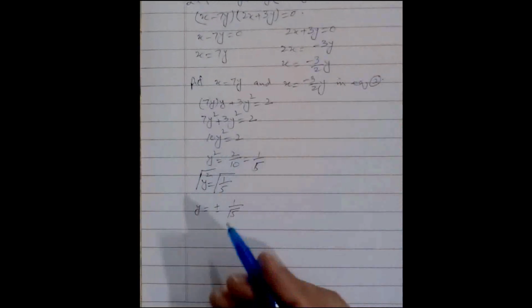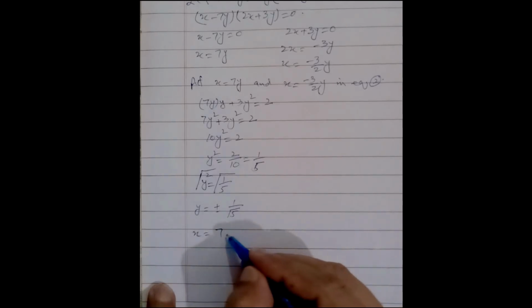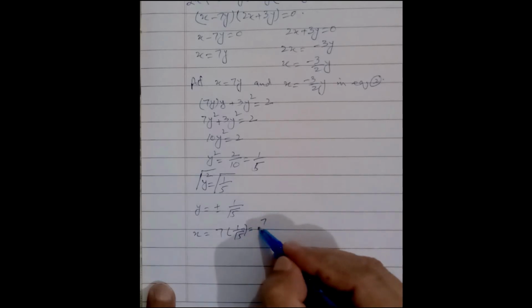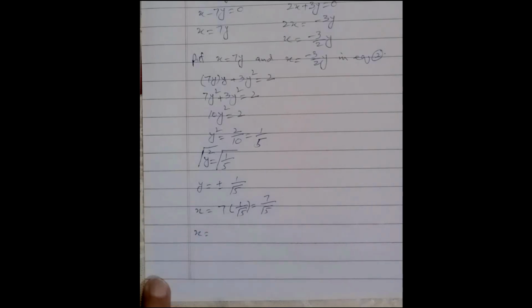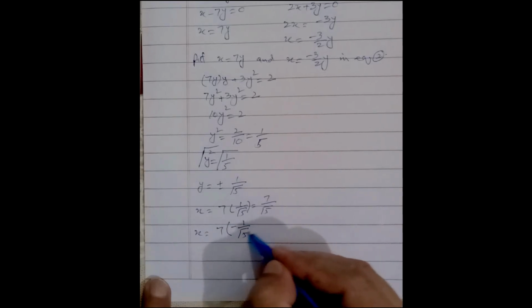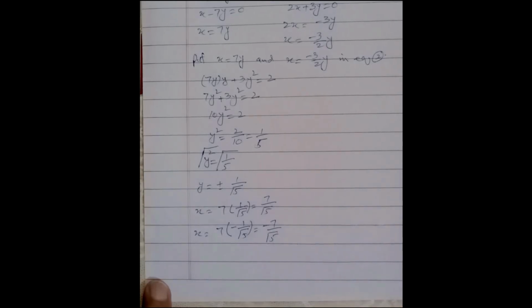We get the value of x, and when we put y is equal to plus 1 over square root 5, we get 7 into 1 over square root 5, which is equal to 7 over square root 5. And when we put y is equal to minus 1 over square root 5, the answer is minus 7 over square root 5.